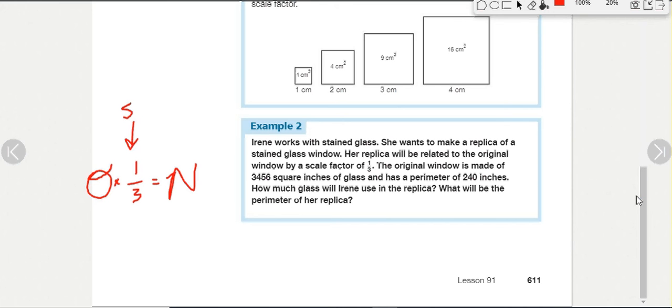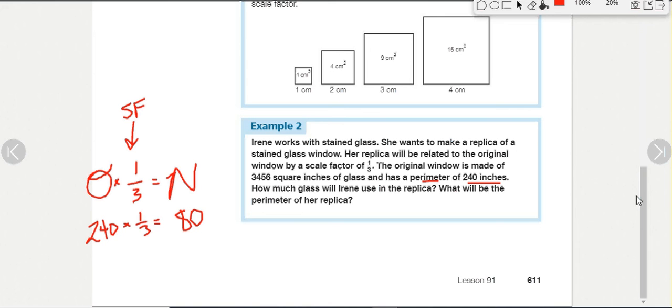Now that's in one dimension. Let's start in one dimension. If the perimeter is 240, that means the new one, because it's only perimeter, only distance, one dimension, then we just divide that by 3. The new is 80.